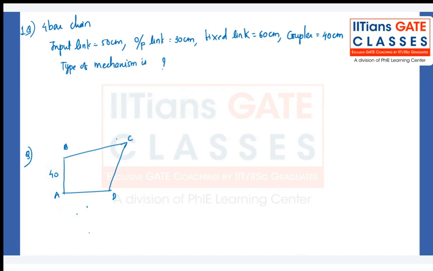Tell me the answer for the first question. What kind of mechanism will you get? Very easy. First of all, apply Grashof's law. Check whether it is satisfying or not.